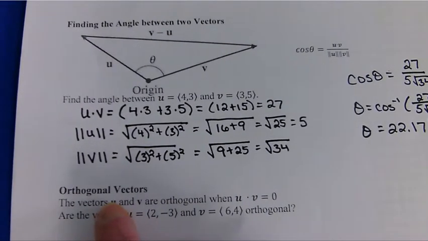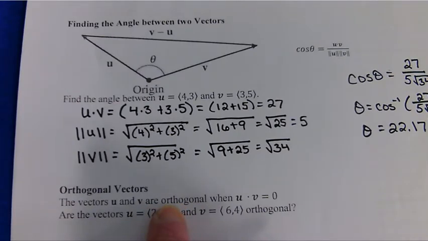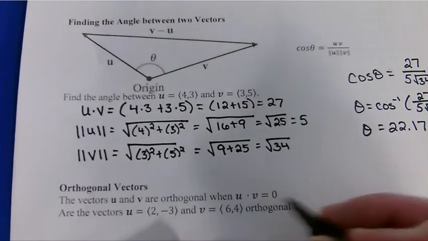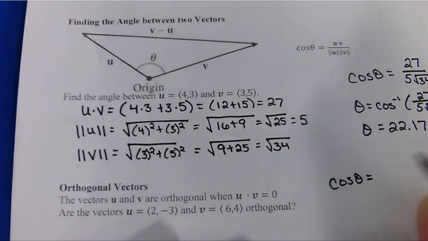Now, there's something called orthogonal vectors. And I know that's a big word, orthogonal. That means perpendicular. Vectors are orthogonal if their dot product is 0. And let's see why that's true. So if their dot product is 0, then cosine of theta would be 0 over their magnitudes multiplied together.